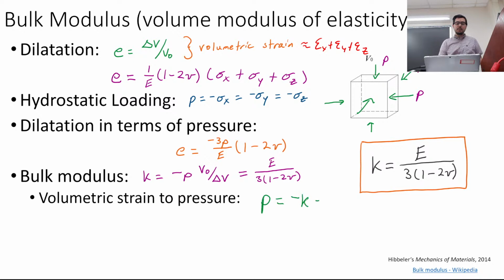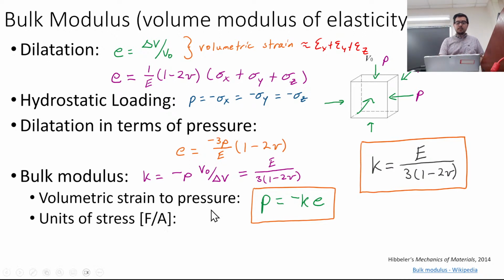It gives us the ability to relate the volumetric strain to pressure, as you see here. This looks remarkably similar to what we've talked about in terms of sigma equals E epsilon, with the elastic modulus, or F equals K delta.